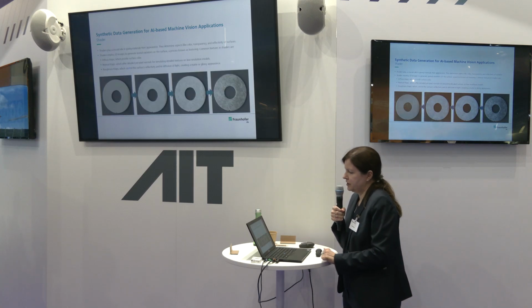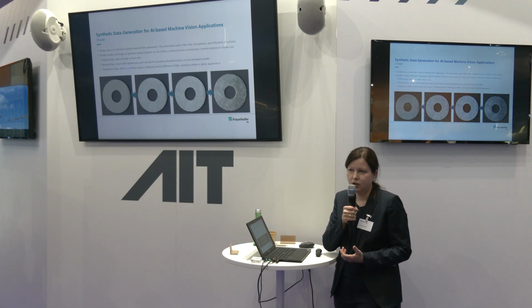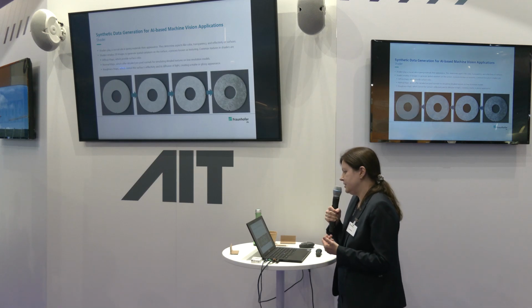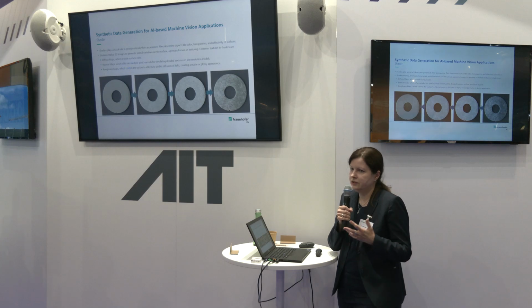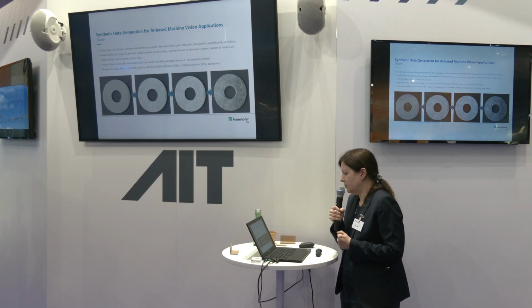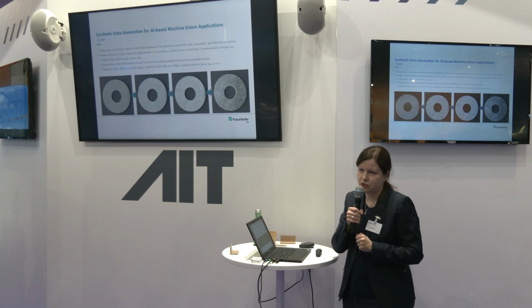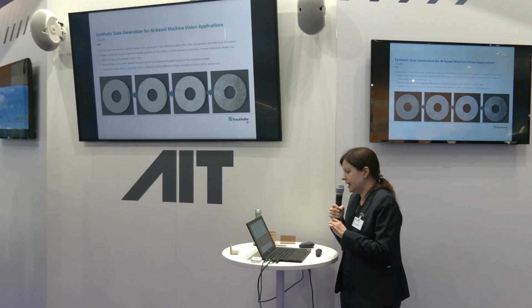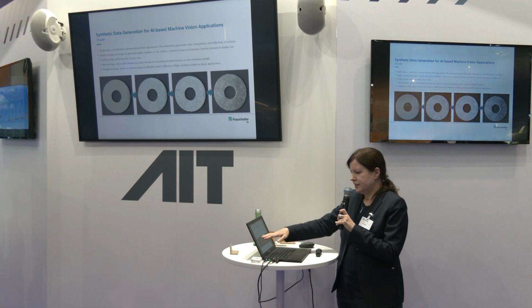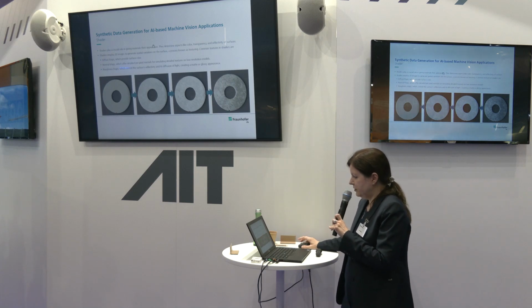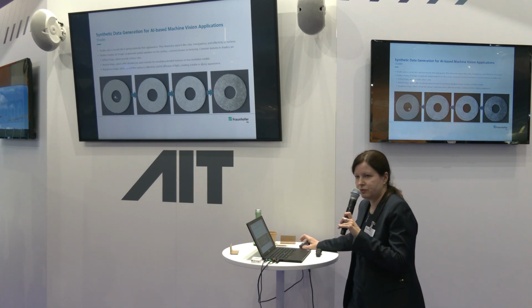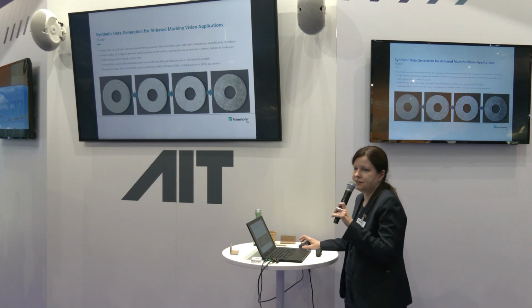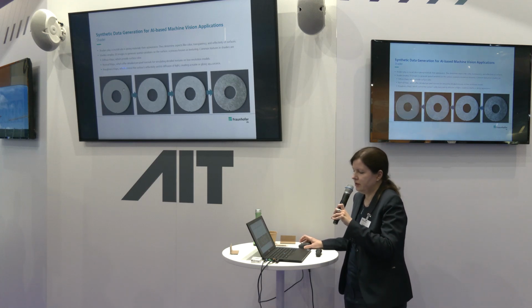Then, of course, what is very important is the material of the object. Depending on which kind of material you have, you get a completely different surface structure and other reflections. We start with only the geometry and a basic material, for example, a metal.